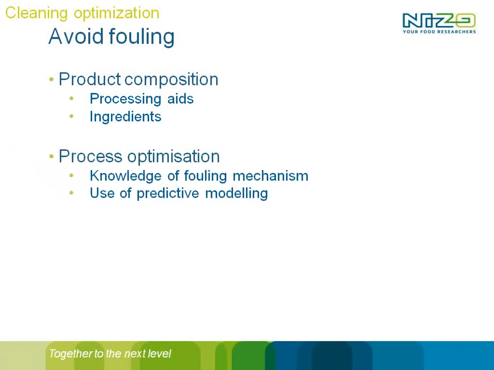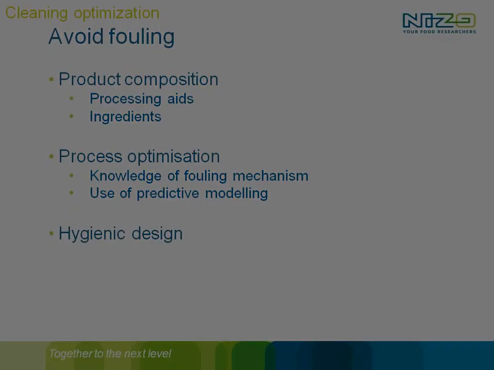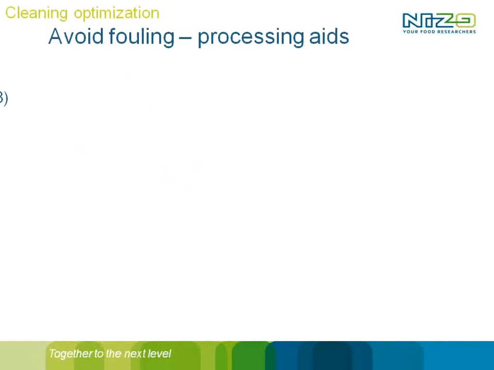If you know about the fouling mechanism and the reasons behind it, you can also think about how to improve it, and whether you can, for example, use different temperatures, different residence times, improve your process line, that way optimize your process. And predictive models are of great help for that, as far as our opinion goes. And third of all, use a hygienic design.